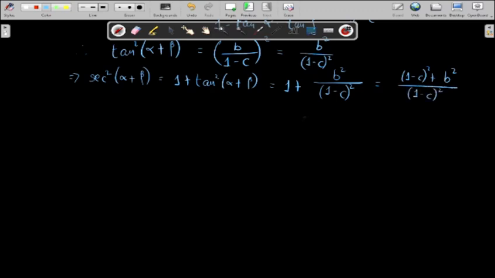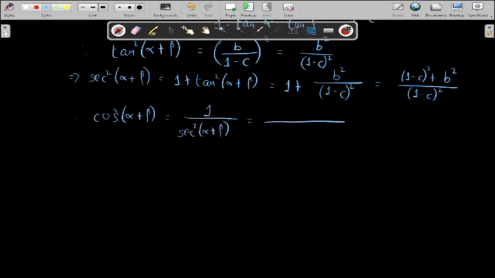Okay, now we have sec square, we want sin square. So from sec square, let's find out what is cos square. Now cos square theta is 1 by sec square theta, it is the reciprocal, and here theta is alpha plus beta. So cos square alpha plus beta will be 1 by sec square of alpha plus beta, right?